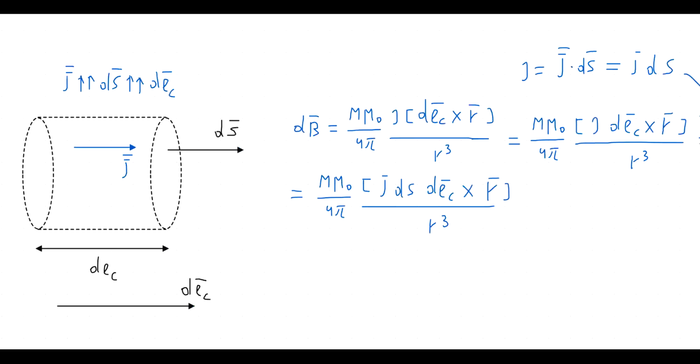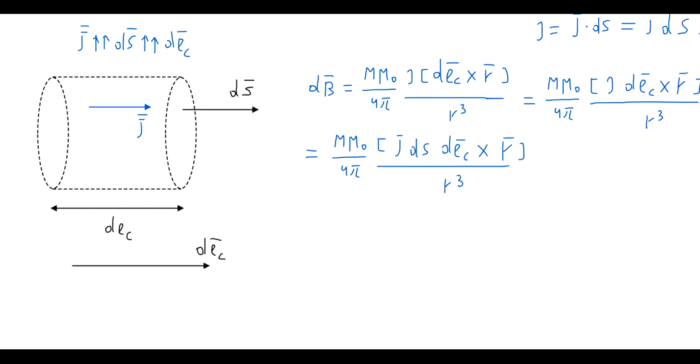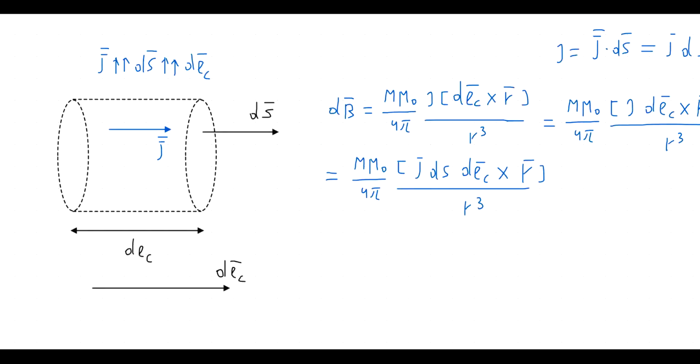And from this we can write that the absolute value of vector J multiplied by vector dlc can be written as the vector of electric current density multiplied by the absolute value of dlc.